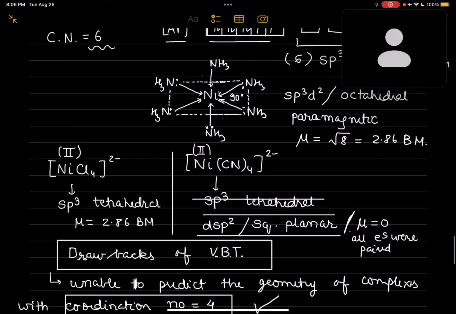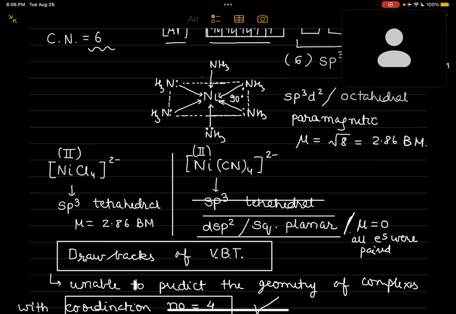So basically, when we were trying to discuss the arrangement of nickel, then we had a problem. What problem did we have in the geometry and hybridization?